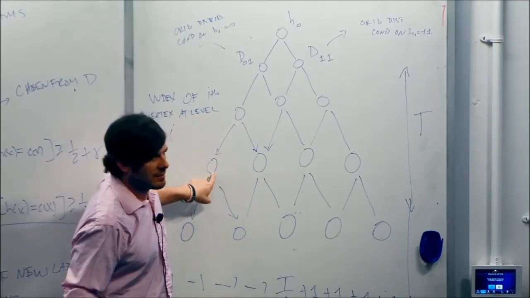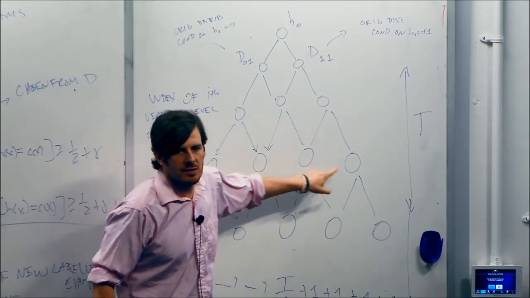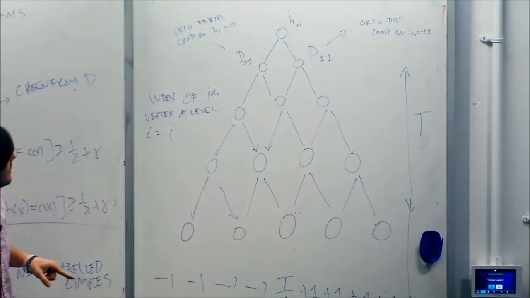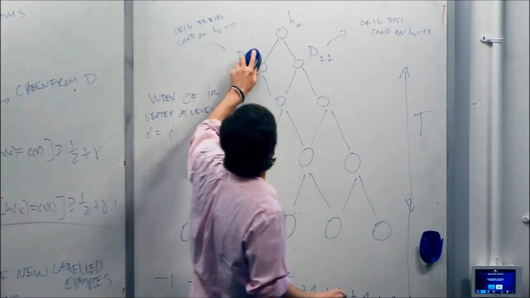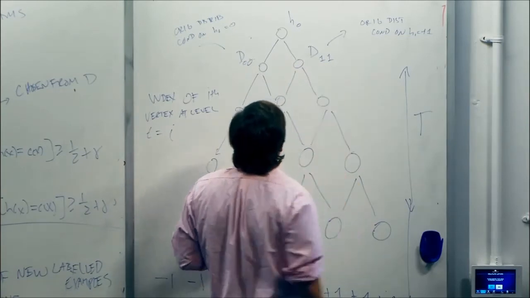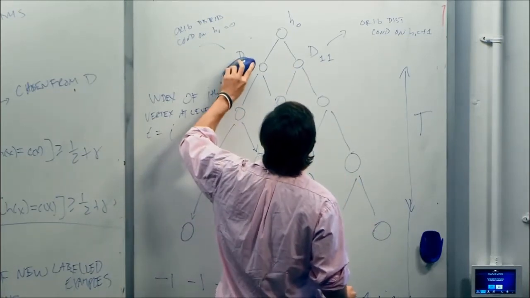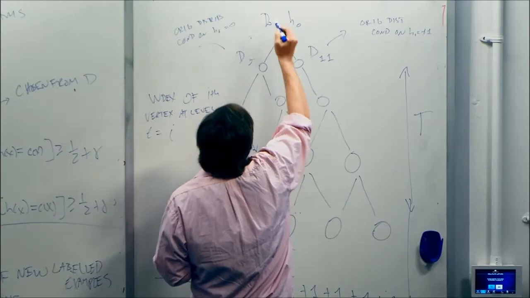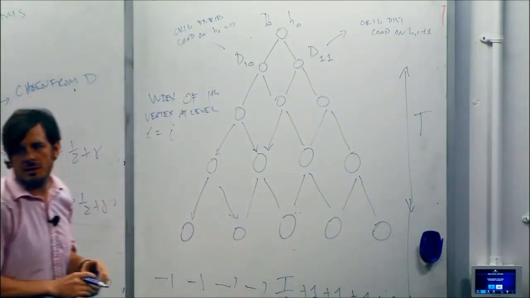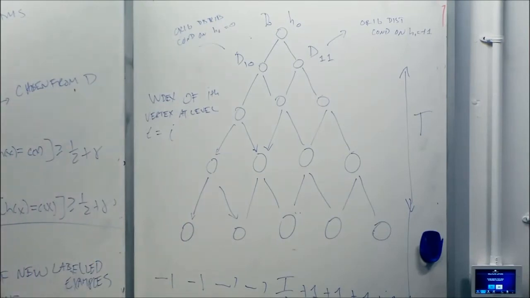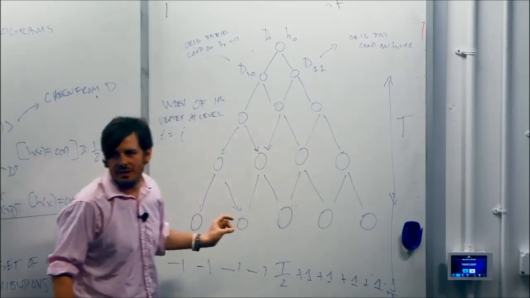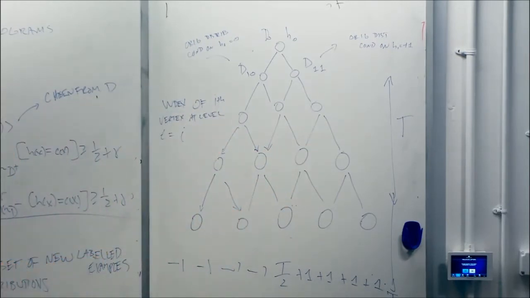This has index 0, this has index 1, this has index 2, this has index 3. Sorry, one of the indices was wrong. This should be D0, the original distribution, this should be D10 and this should be D11. The first index measures what level you're in, and the second is the index where you are inside that level.